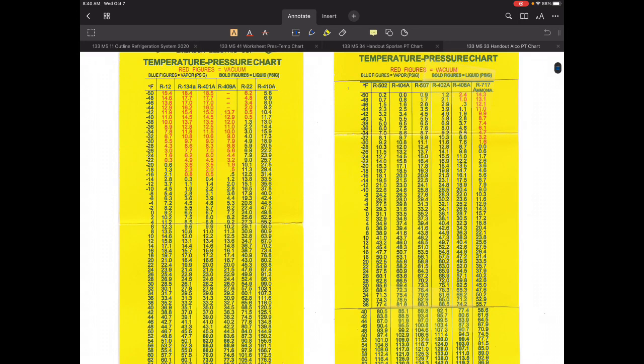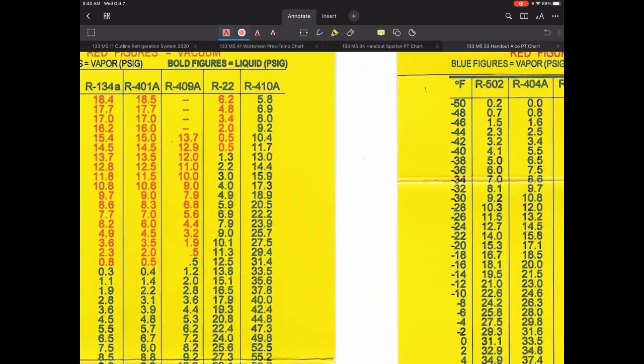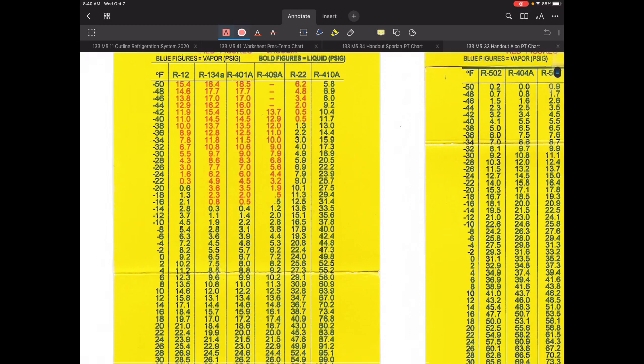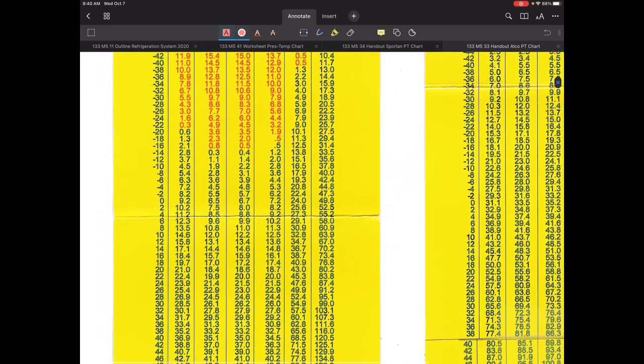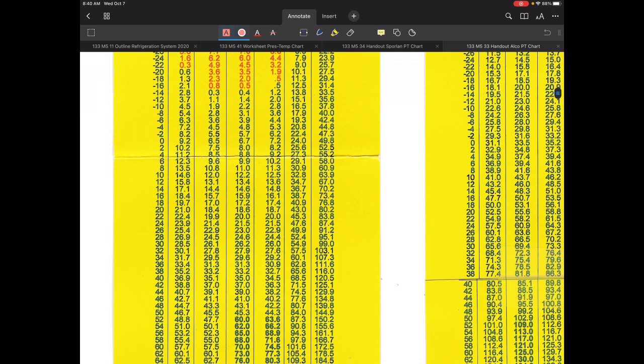Now what we're going to be looking at is specifically R410A, let me see if I can get that to show up. Nope. So R410A, and we're going to take a look at R410A on the far right side. Now what we're going to notice on here is they give me 120 psi, and in fact this chart specifically is showing 120.5 psi.